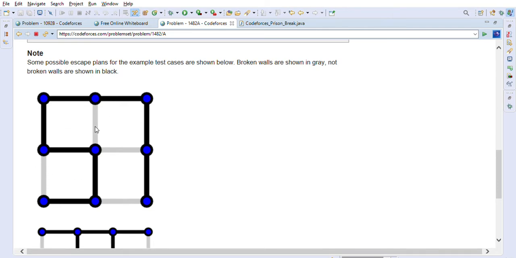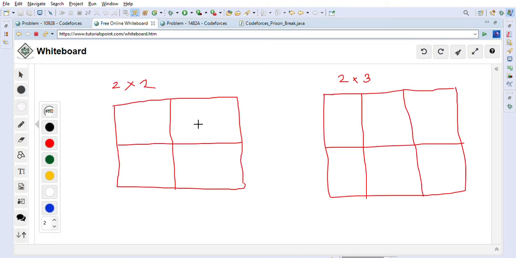So there are four walls, 1 2 3 4, which are broken so that all the cells have a path to freedom, which is outside of the prison. So let's take one of these examples and we will understand this problem more.